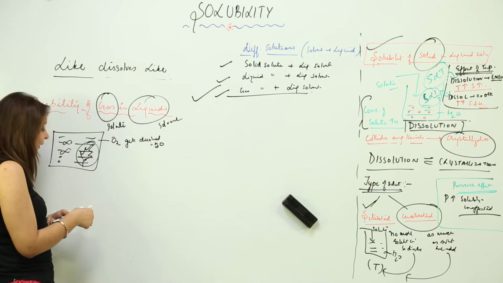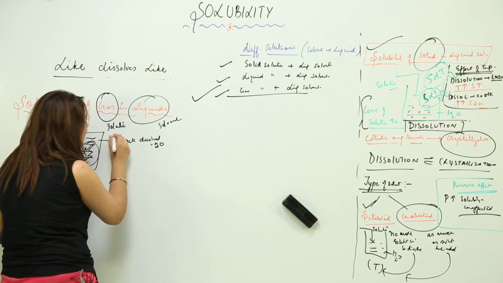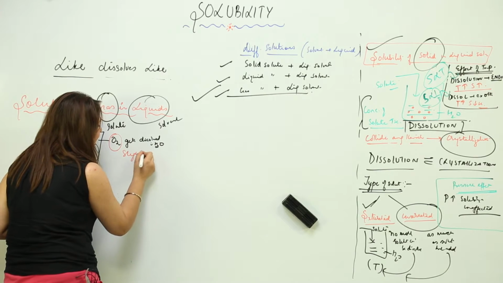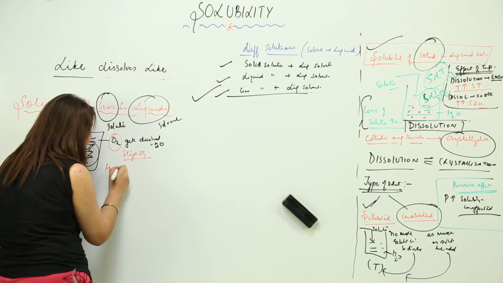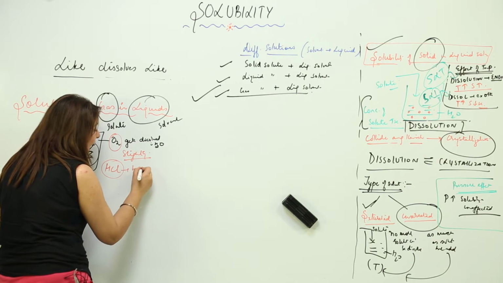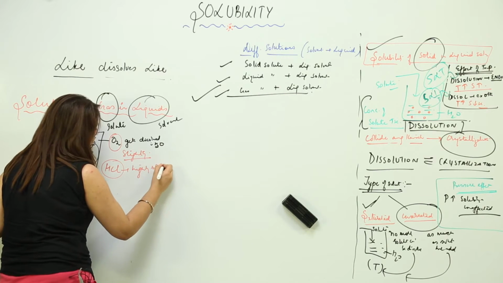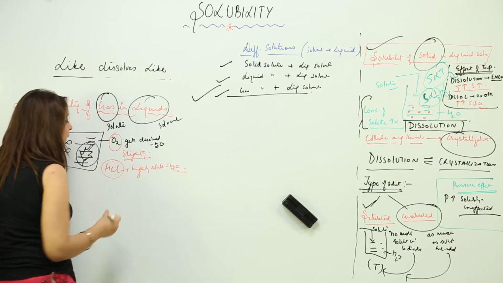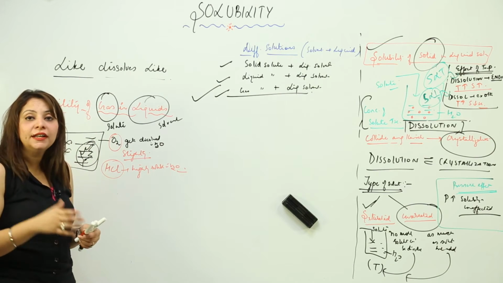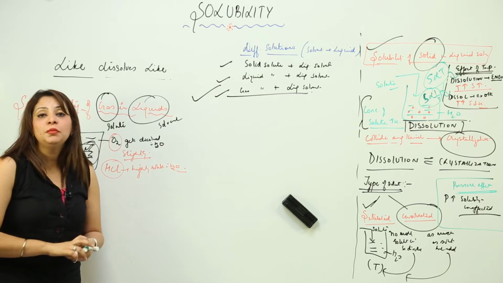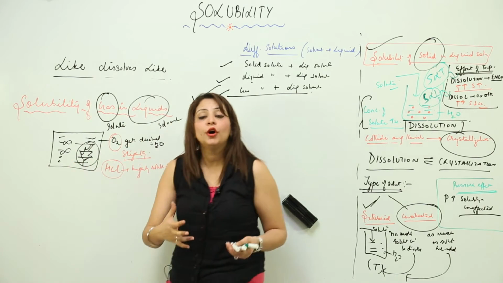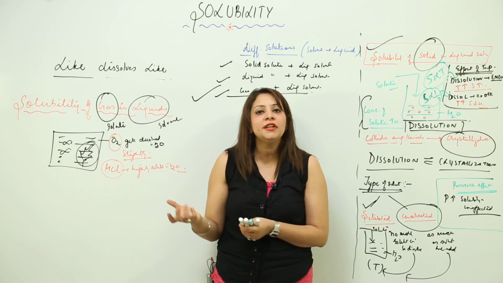So when we see its solubility, it is slightly soluble. We cannot say that it is highly soluble, it is slightly soluble. But if we talk about hydrogen chloride gas, it is highly soluble in water. It is highly soluble in water. So as these two are gases but their solubility is different in the same solvent, that means solubility is different for different gases when we dissolve them in different liquids, right.